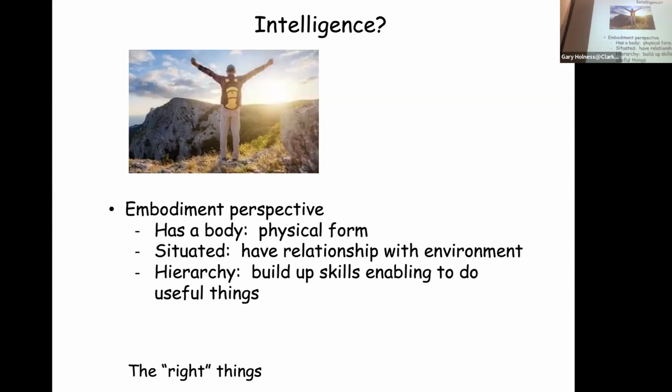There's also an embodiment perspective. Embodiment means you have a physical form, you have a body, and you're also situated, meaning that you have some relationship to your environment. I push on my environment, it reacts back to me. And it's the understanding of how that environment transitions or evolves over time that informs what I can do and what the quote unquote right things are.